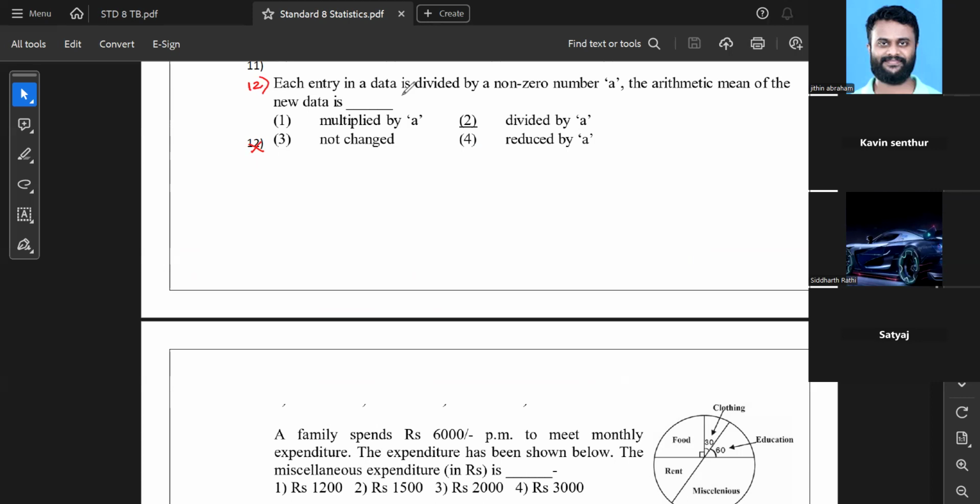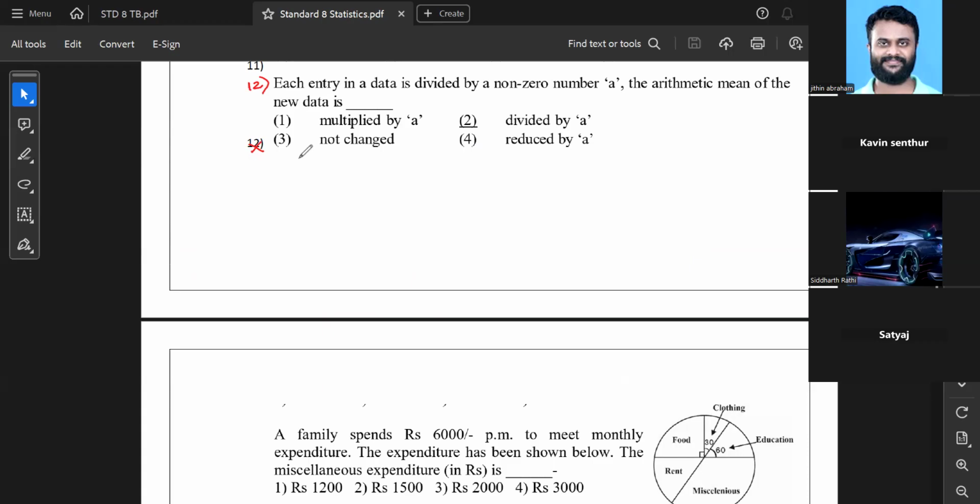So the 12th question. Each entry in a data is divided by a non-zero number A. The arithmetic mean of the new data is what? When each entry in the data is divided by A, then the mean is also divided by A only.